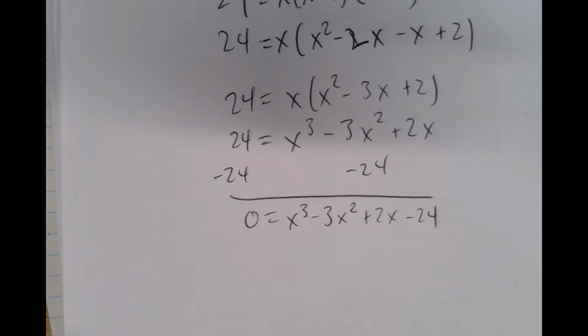Okay, so to solve for the roots, what I would do is I would put it in my calculator. So let me go ahead and put it in the polyroot finder.